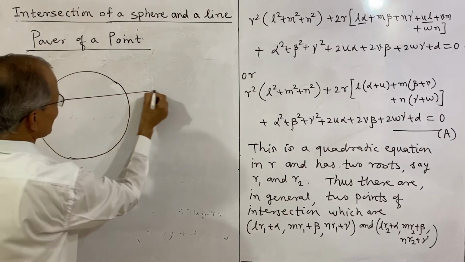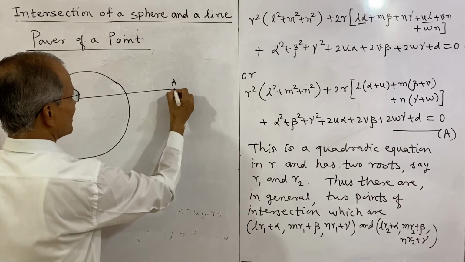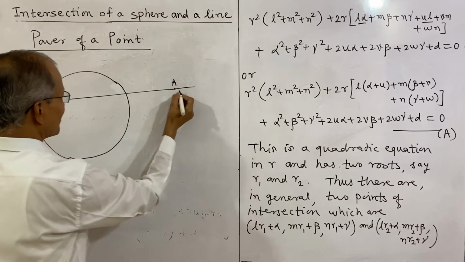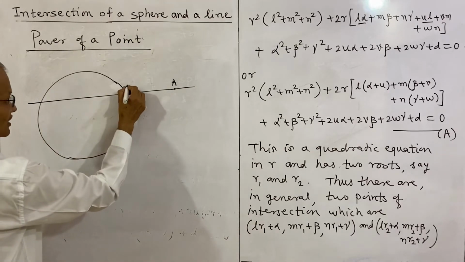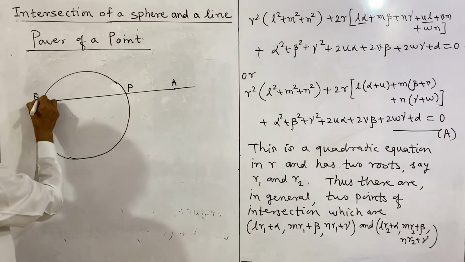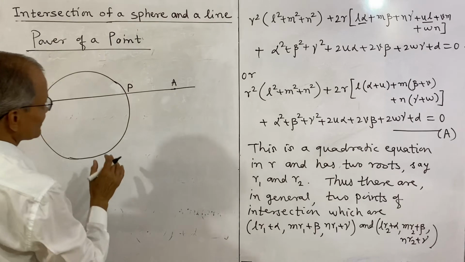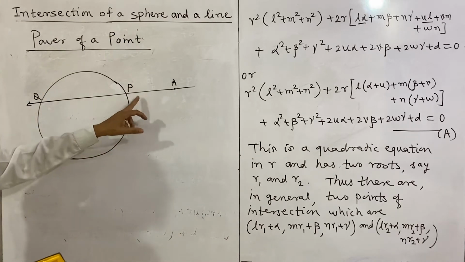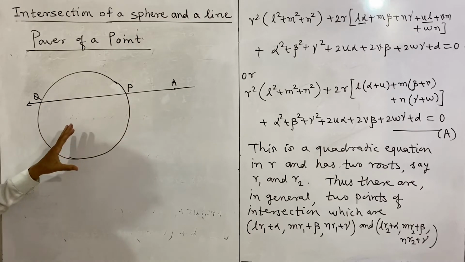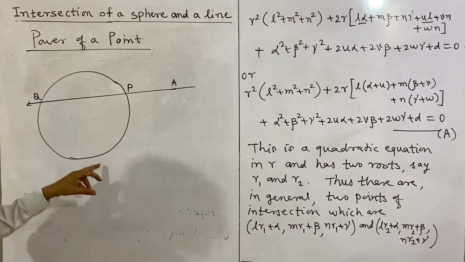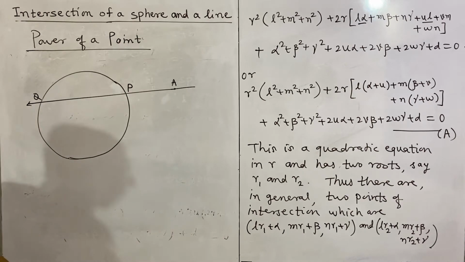So, first I shall consider the point here, that is a point A, and I have drawn the line passing through point A, and it meets the sphere in these 2 points P and Q. And what we will obtain is the product of AP and AQ, and for that purpose we shall suppose l, m, n be the DCs, direction cosines, of the line 2.